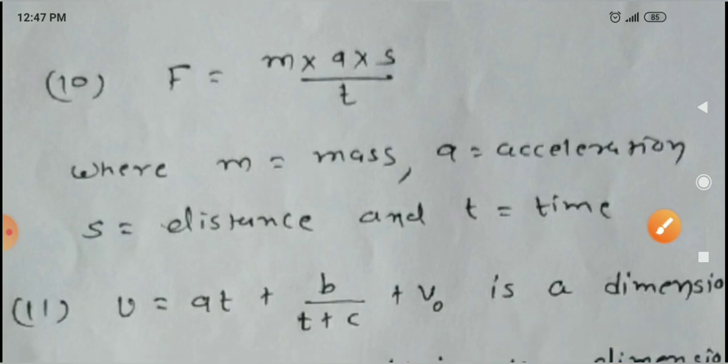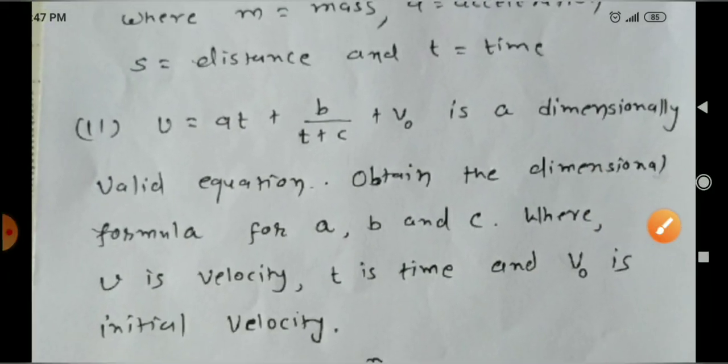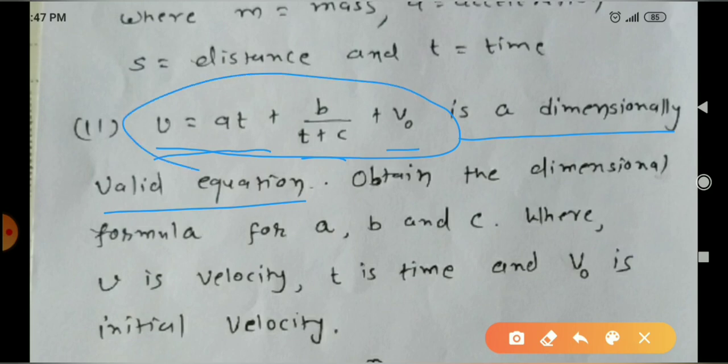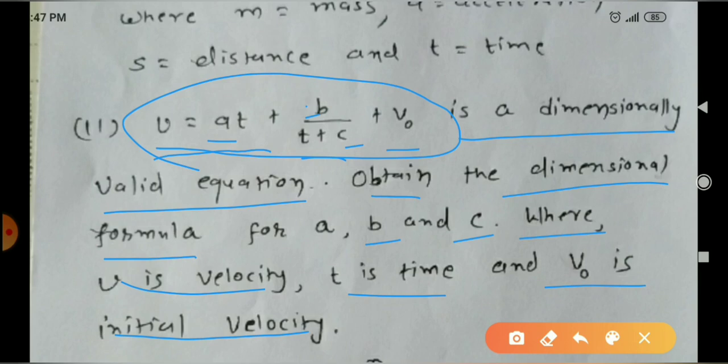11th question, students. If V equals AT plus B upon T plus C plus V0 is a dimensionally valid equation, then obtain the dimensional formula for A, B and C, where V is velocity, T is time, and V0 is initial velocity.